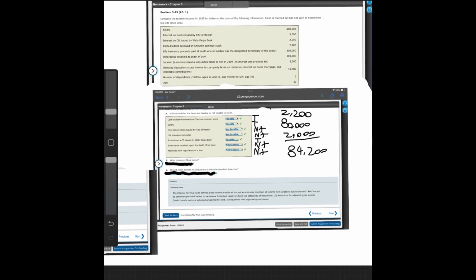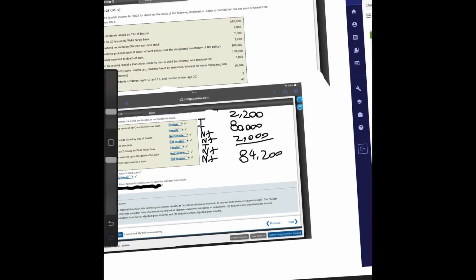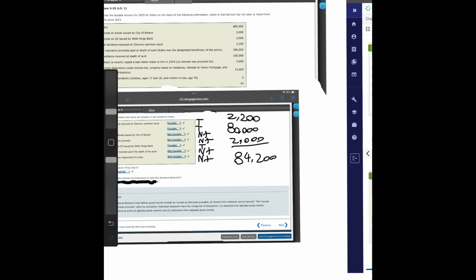Now, Aiden is married but has not seen or heard from his wife since 2023. That means he's head of household. Okay. So we have to figure out itemized deductions versus standard deductions. So he gets an itemized deduction of 19,500.